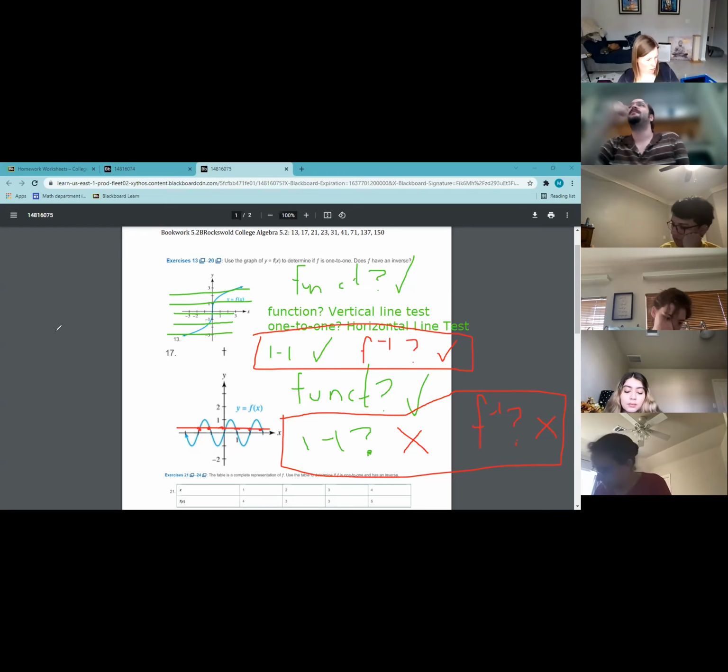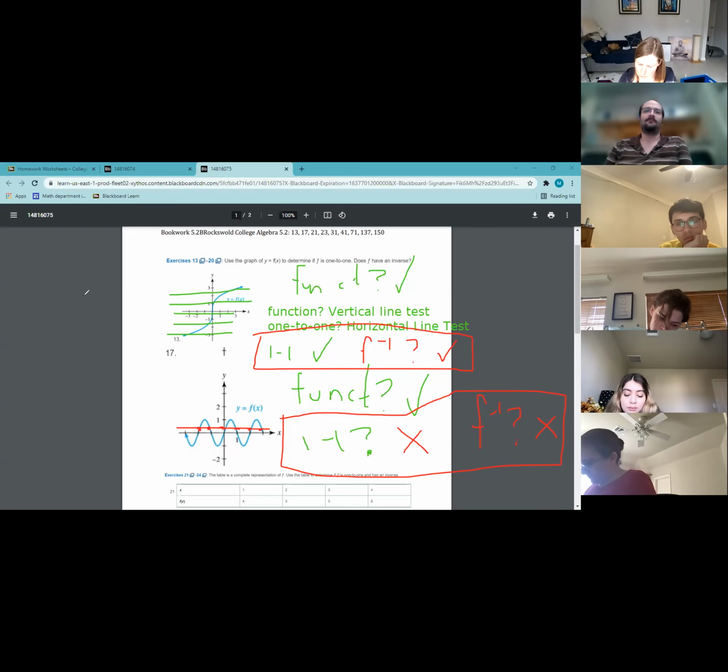Questions about this? So I'm just trying to double check. If it's not a function, the inverse is not an inverse? Yeah, we're not talking about its inverse then. Okay, gotcha. The book just completely pretends like it doesn't exist.